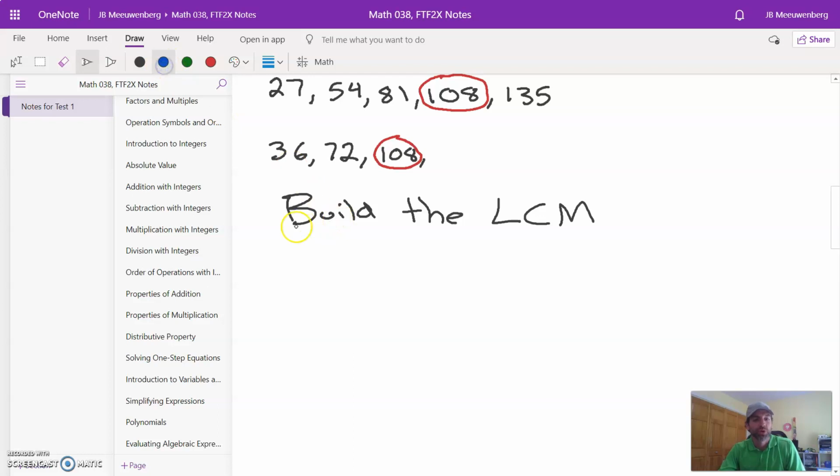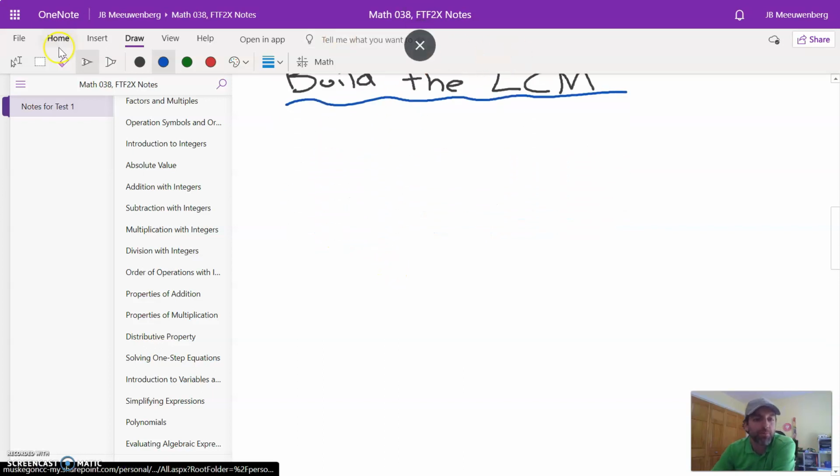And that's what we're going to use to build the LCM. We're going to use the prime factorizations of both numbers to pull out pieces that they might have in common or might not have in common and build a bigger number. That's the LCM.